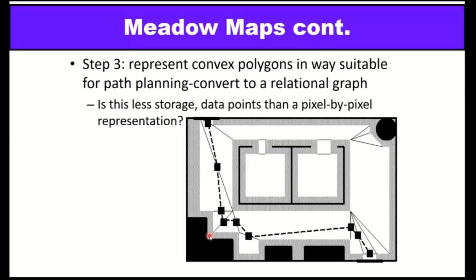Once obstacles are grown, the free space is broken into convex polygons. Now it will be tasked to plan the path, or convert the space into a relational graph. For this purpose, we need to add different nodes, or here they are called data points.